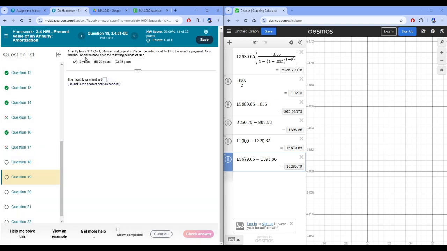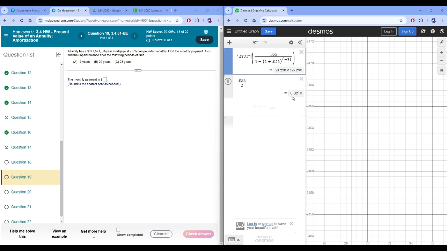A family has a $147,571, 30-year mortgage at 7.5% compounded monthly. Find the monthly payment. Also, find the unpaid balance after the following period of time. So the monthly payment is going to be this number, which is $147,571 with a. Let's get rid of all this.